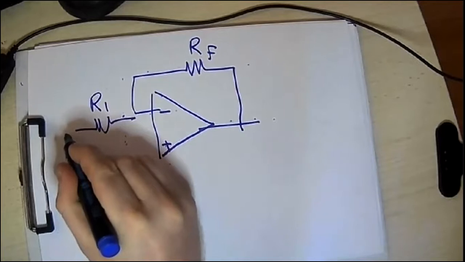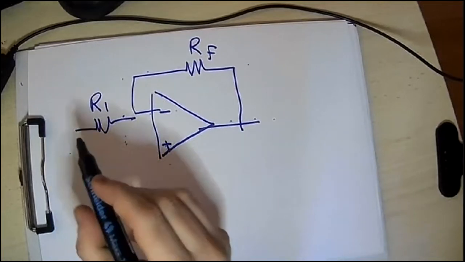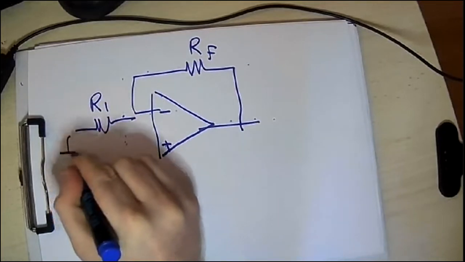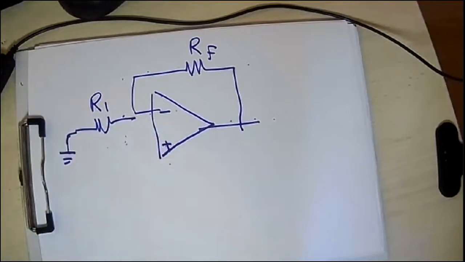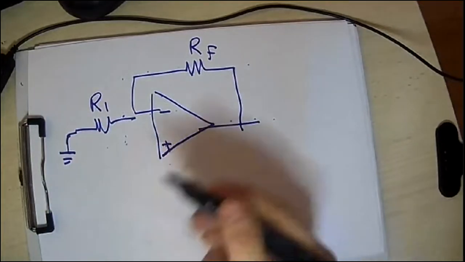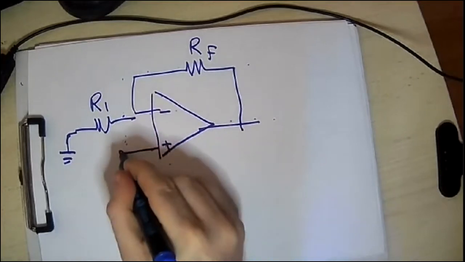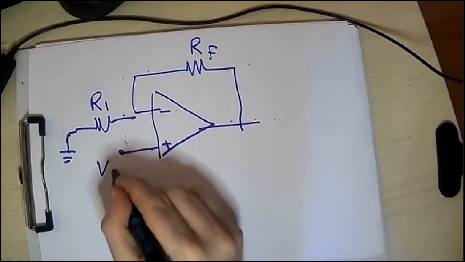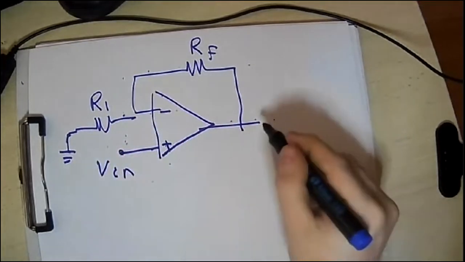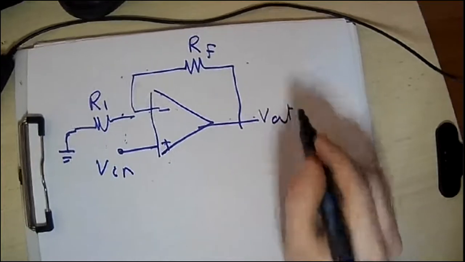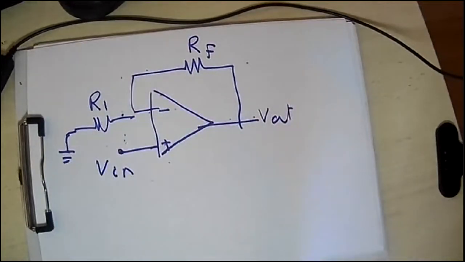And now at this point, you don't have an input, you have a ground. And your input now is connected to the positive terminal. And of course, this is the output. So this is another configuration that we can use.